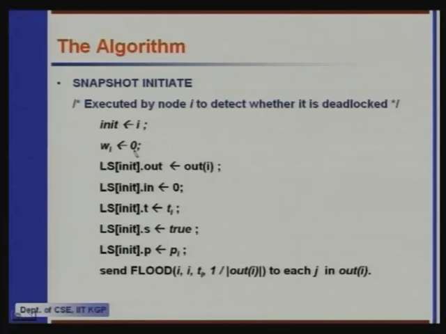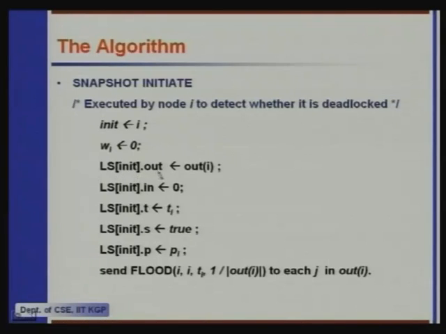Oops, I think wi equal to 0 is dicey. I will check this out. I think it should be 1. I think the weight should start with 1. I will check this out.